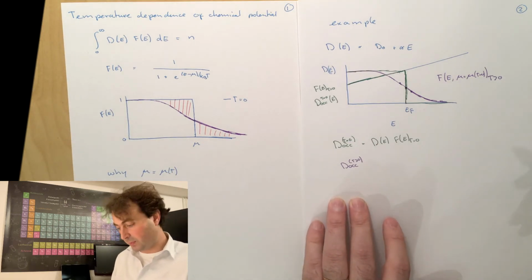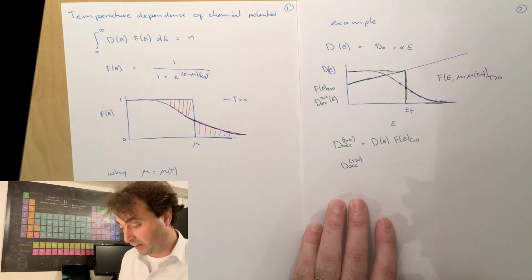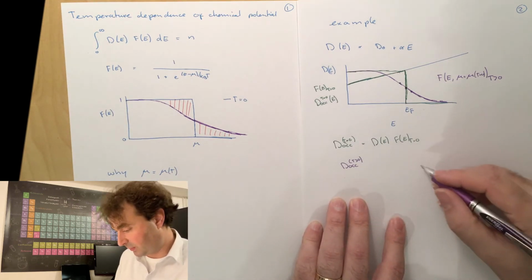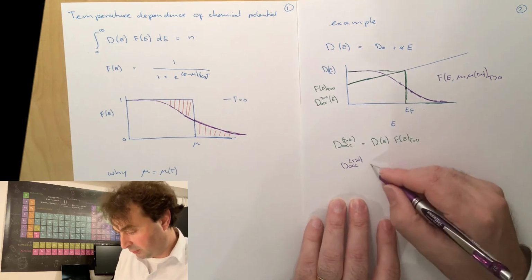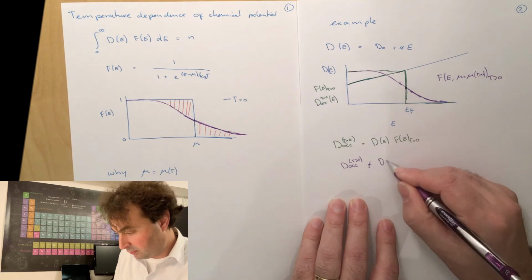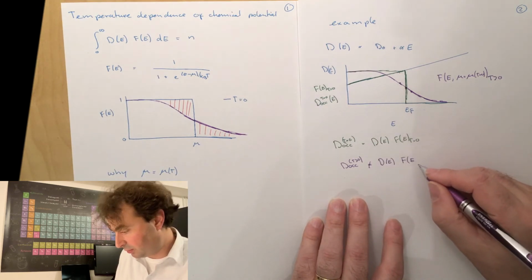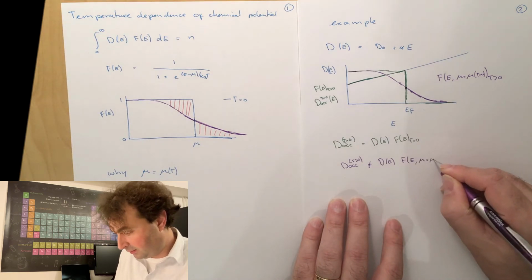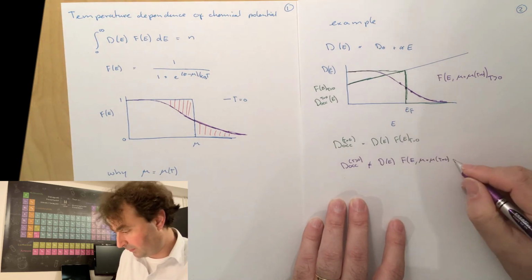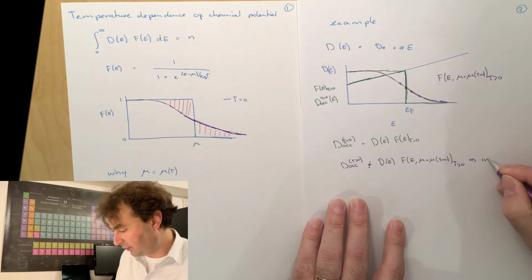So if we do this and we keep the chemical potential constant, then one would find that the total number of particles increases. So if we look at the densities of states and multiply it with the Fermi-Dirac distribution, at the chemical potential we have at 0 temperature, at temperatures larger than 0, we find an increase in particle number.